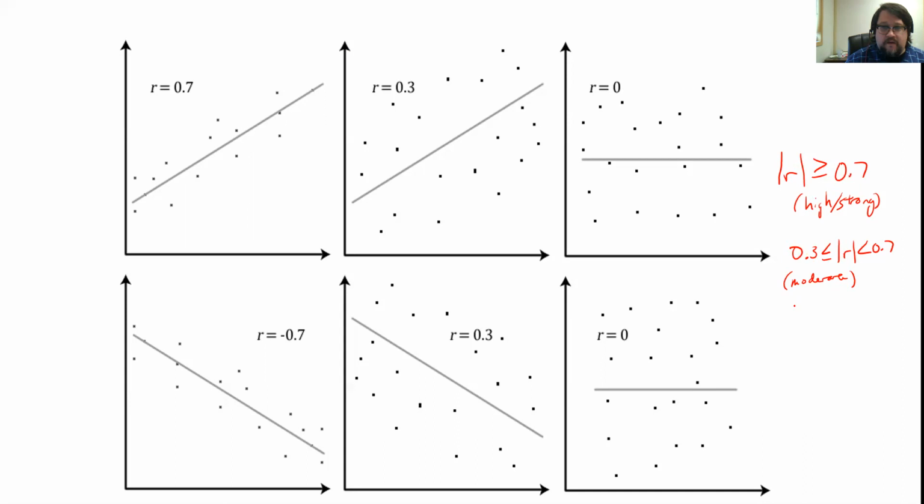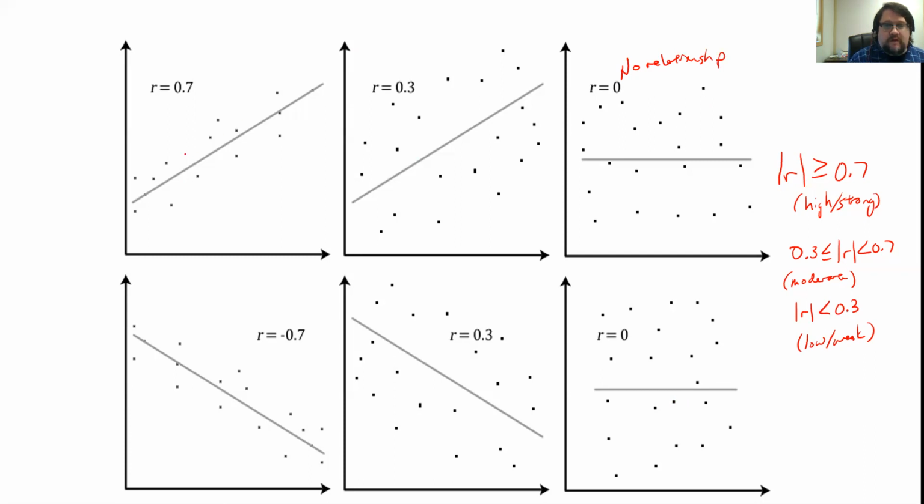And anything less than 0.3 in absolute value, we're going to say this is a low or weak linear relationship. 0 is no relationship.